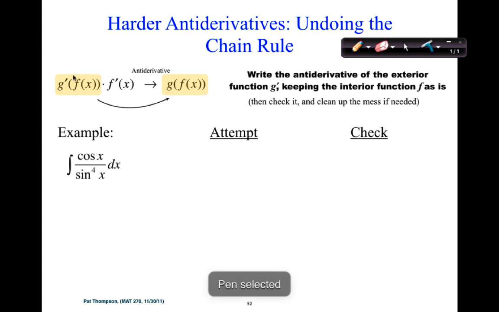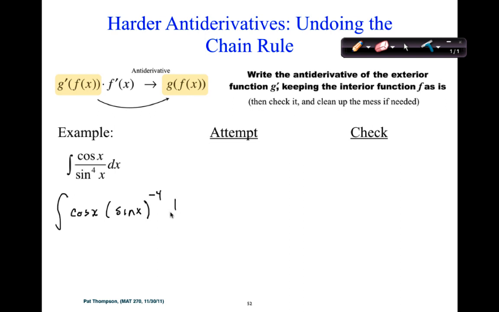Undoing the chain rule gives you a product, or the chain rule gives you a product of things. How can you rewrite it as a product? Yeah, exactly. And this sine to the fourth x is the same thing as this, the whole thing to the minus 4, right? I think it makes it easier to see. So this original problem is the same as this problem.